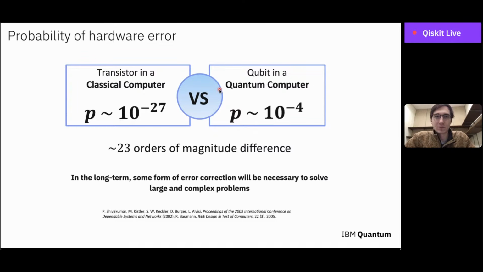So this really makes the point that we need, in the long term, some sort of error correction to solve large and complex problems. Because right now, even if you do have error rates of 10 to the minus 4, you're only running circuits of like 10,000 gates before the error rates become unmanageable.